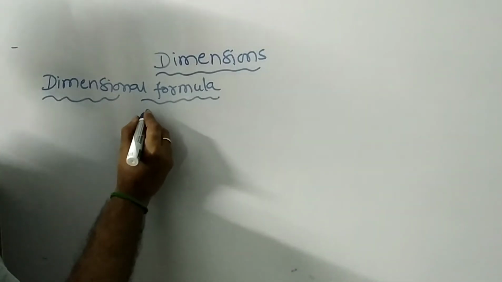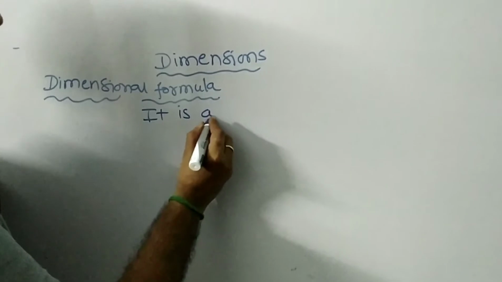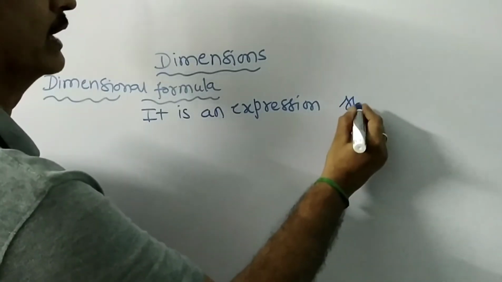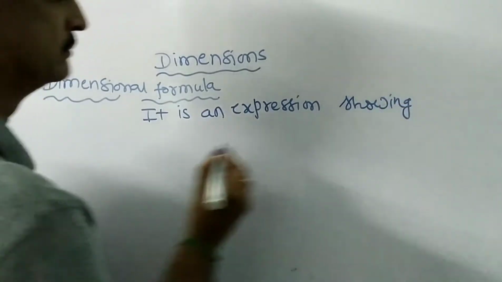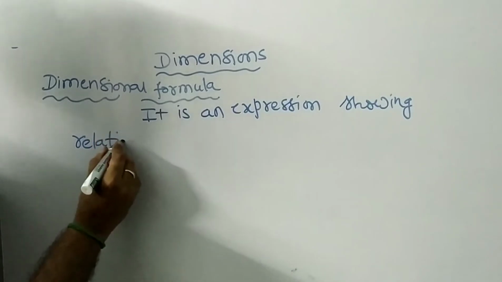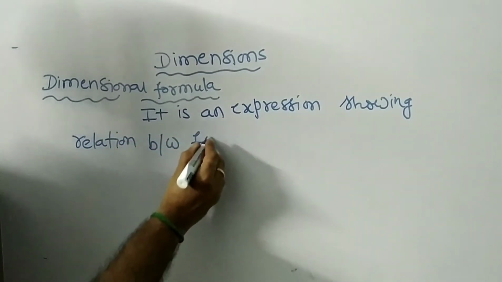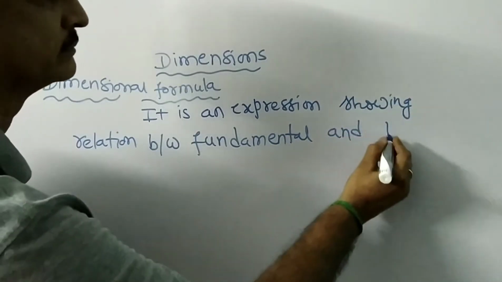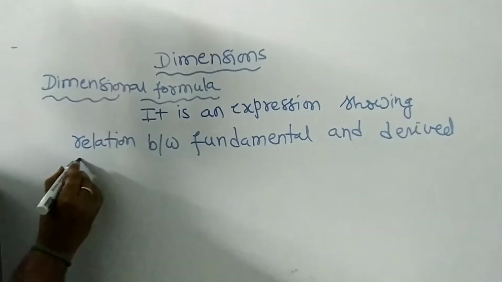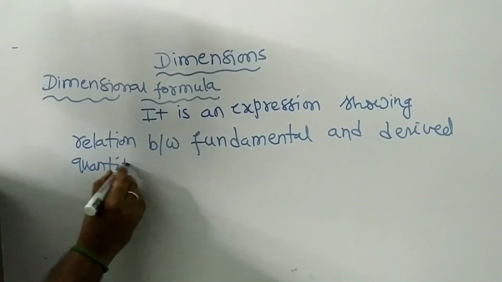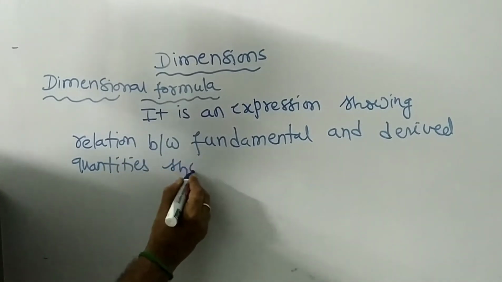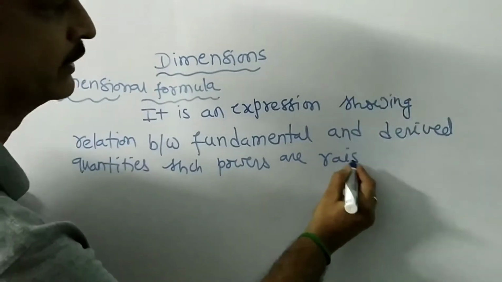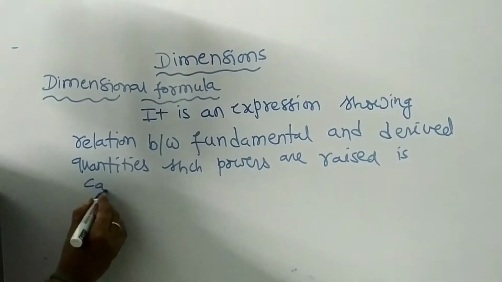So a dimensional formula is an expression showing the relation between fundamental quantities and derived quantities, such that the powers to which they are raised is called a dimensional formula.